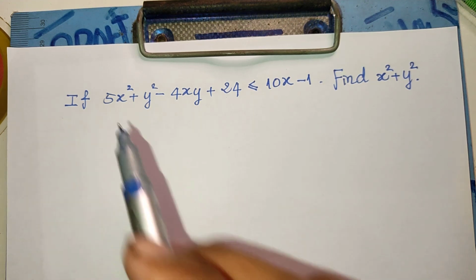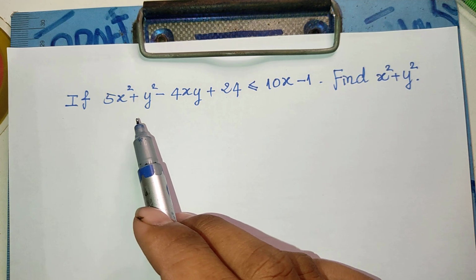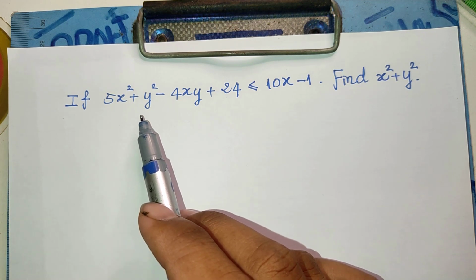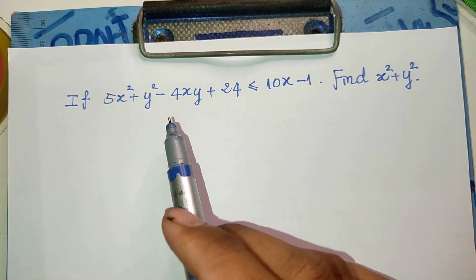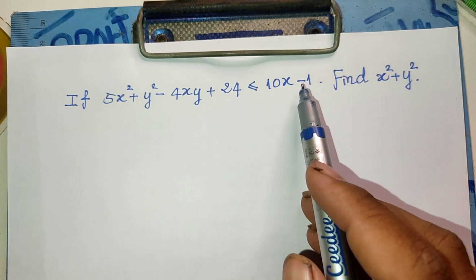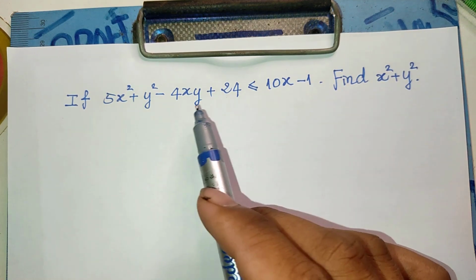Okay, now we have this inequality. So I move 10x minus 1 from the right side to the left side.